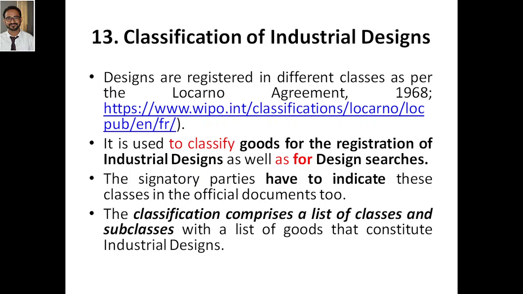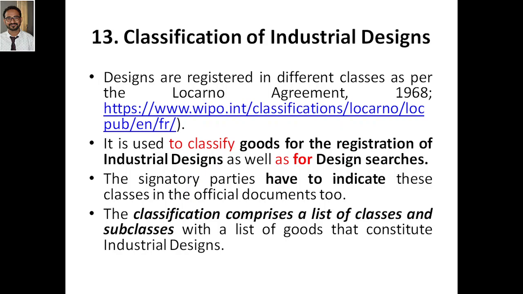Product A comes in class 31, or maybe class 37, or maybe class 47, and I can focus on only class 37 or 47, whichever class my product belongs to. Based on that there will be different guidelines and laws, and based on that I can proceed further. That's why the classification of industrial designs plays a very important role.